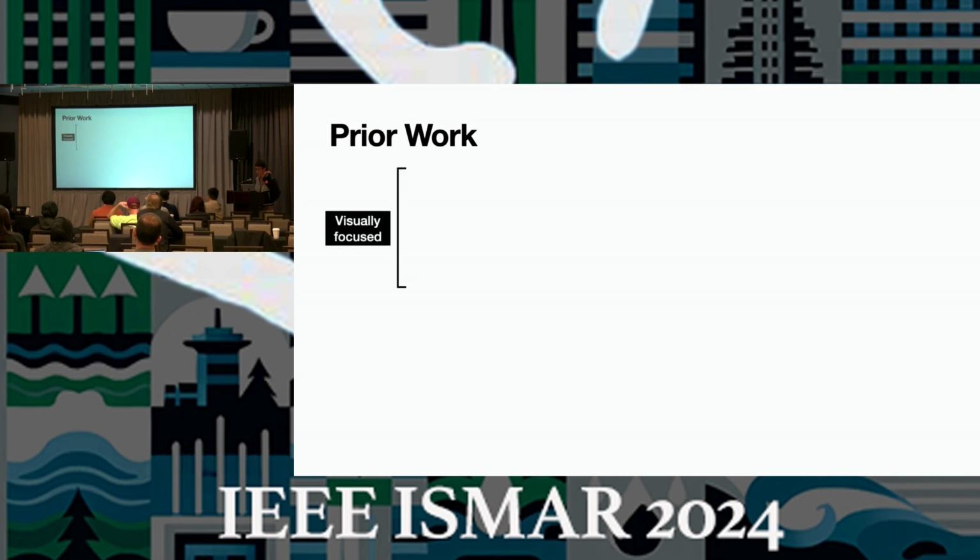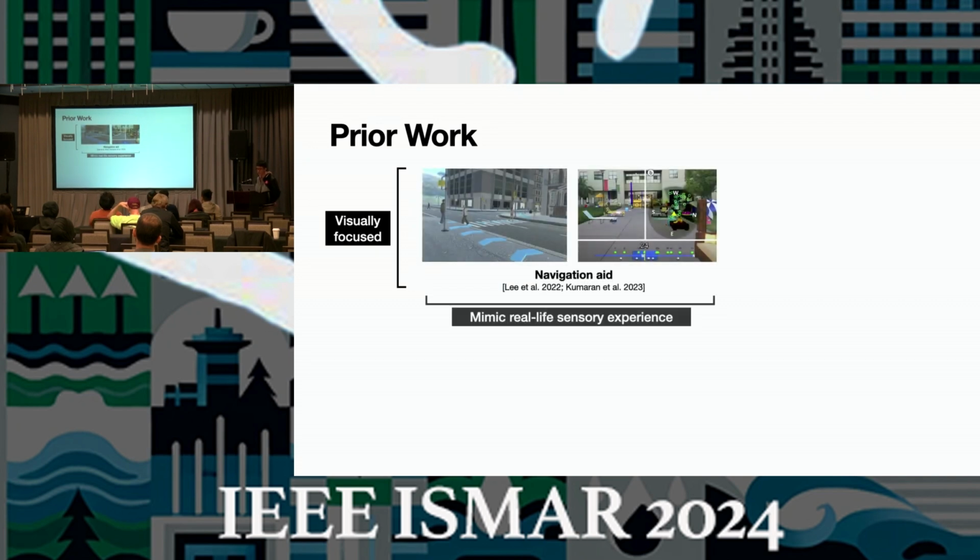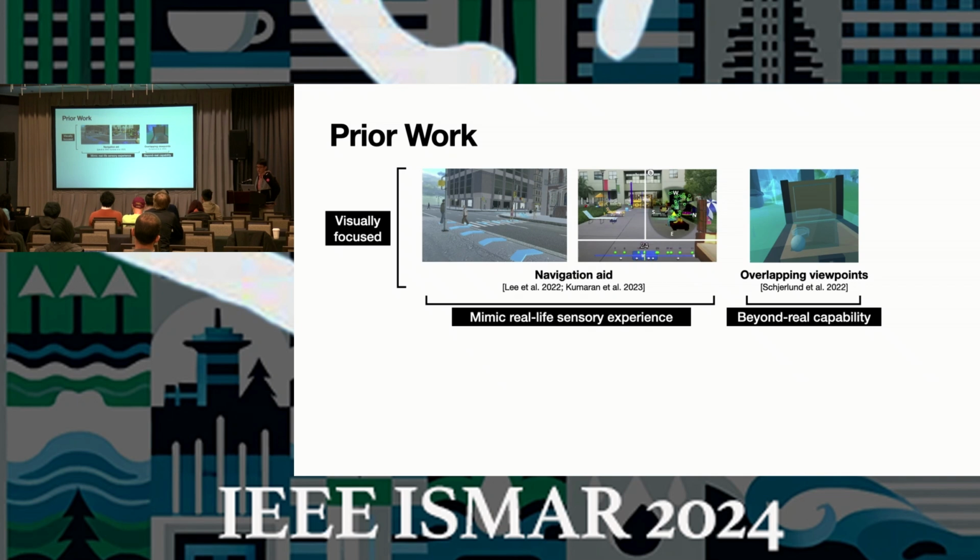To this end, previous research has largely focused on the visual aspects, including exploring various visualizations for navigation aids in virtual environments, drawing inspiration from real-life guidance systems like GPS, as well as prototyping experiences beyond our real-life capabilities, such as viewing multiple locations simultaneously through overlapping viewpoints.